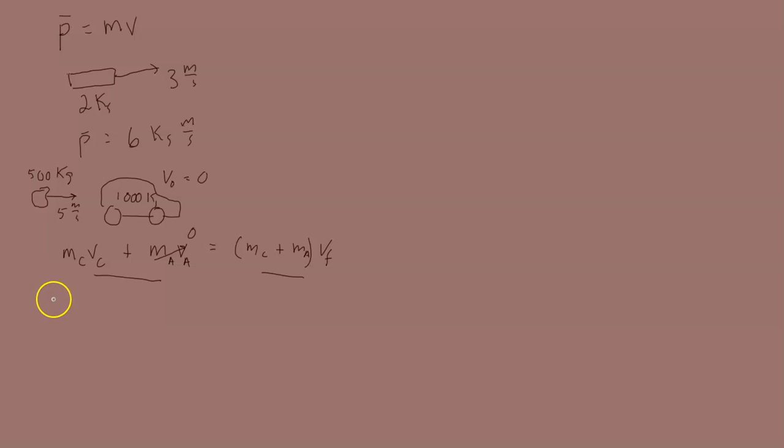So the mass of the clay is 500 kilograms. The velocity of the clay is 5 meters per second. The momentum of the car is 0. And afterwards, the combined mass is now 1,500.